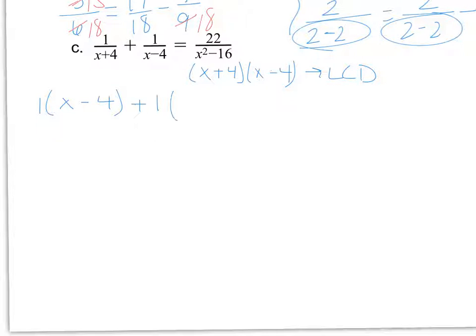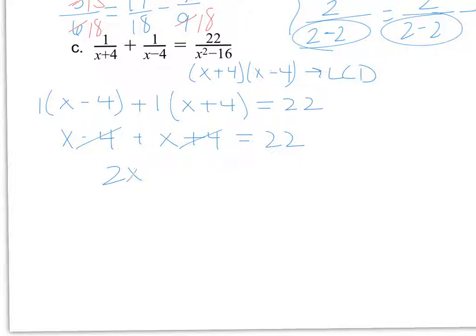On my second fraction, the x minus 4 cancels, and so I'm left with x plus 4. And in the last one, the whole thing is going to cancel, and so we're left with just the numerator of 22. And so now we have x minus 4 plus x plus 4 equal to 22. Minus 4 and plus 4 cancel, so we have 2x equals 22. Divide by 2, and x is 11.